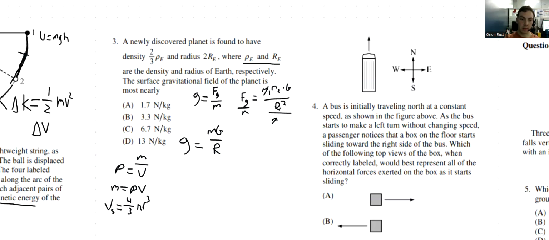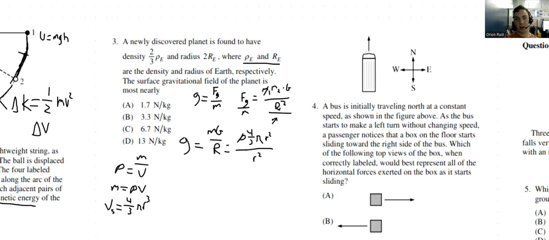And so, substituting all of this in, we get density times 4/3 pi r cubed, all over r squared. Cool.